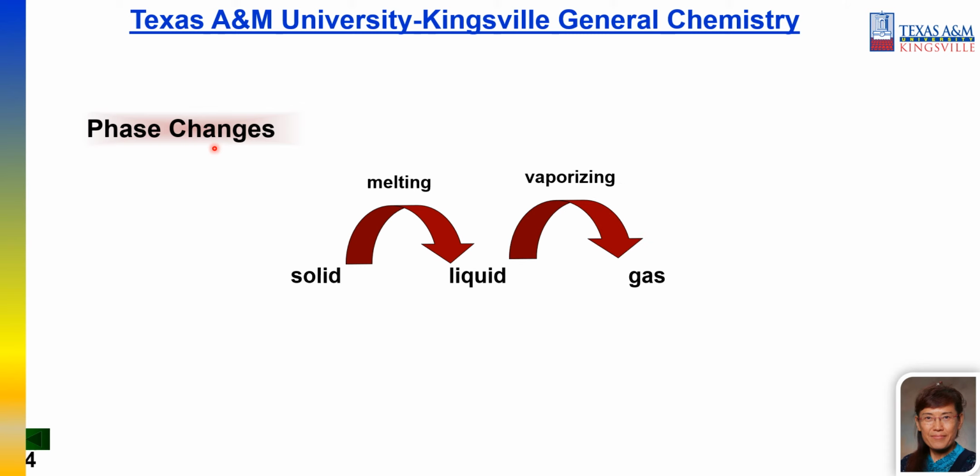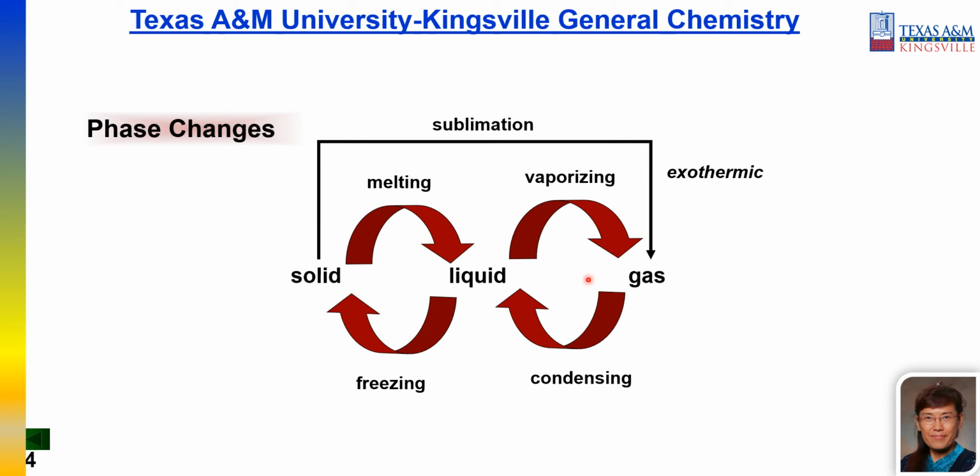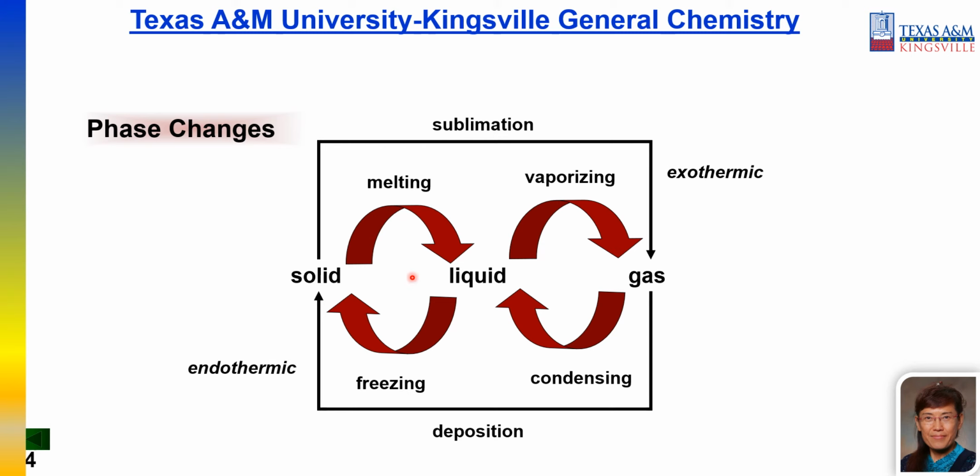And your substances show 3 phases, generally speaking. One is called solid, second liquid, third gas. These 3 phases can inter-exchange from one state to another.